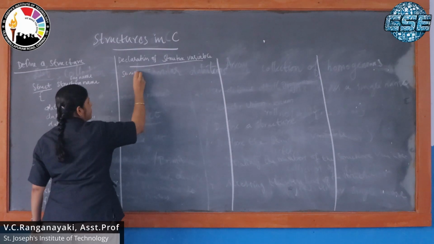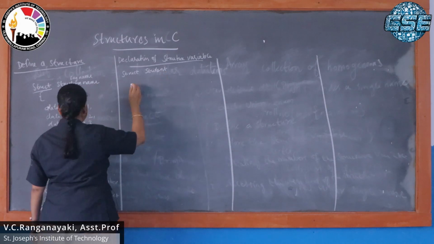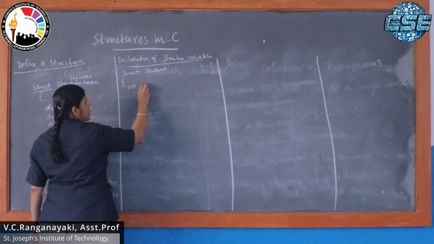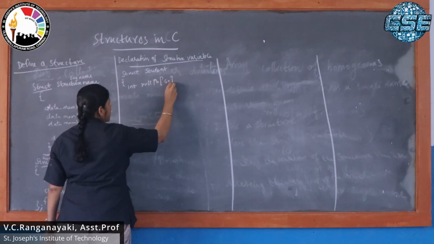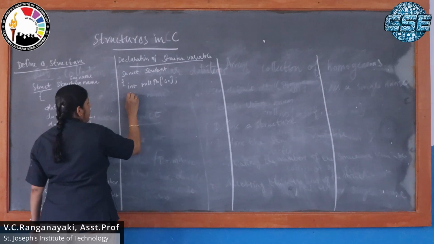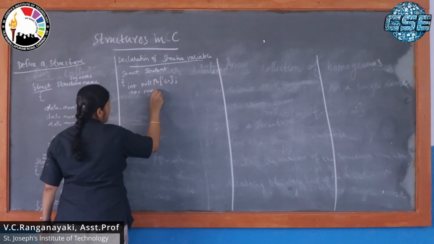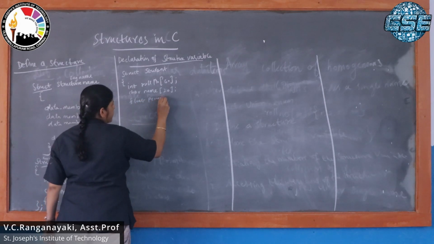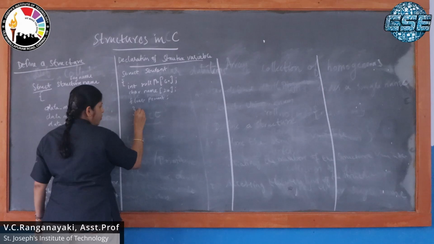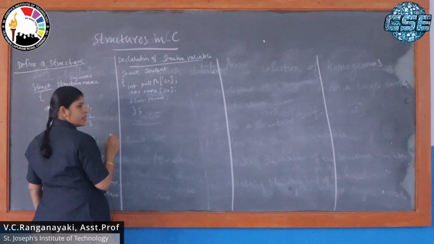Struct student, then int roll number of 60, next char name of 20, third float percent, close. After this definition, now I declare the structure variable.